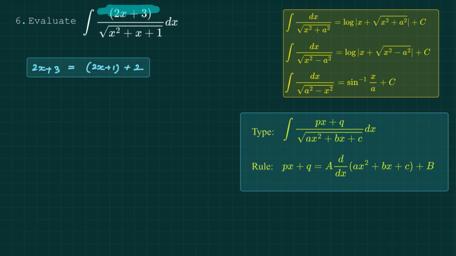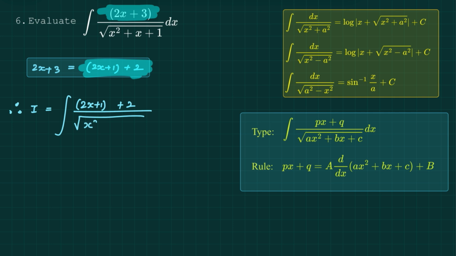Now we will write 2x plus 3 as 2x plus 1 plus 2. Therefore, integral I is equal to the integral of (2x plus 1 plus 2) whole divided by the square root of x square plus x plus 1 dx. Now we will split the integral into two terms, that is 2x plus 1 and 2, separating the denominator.